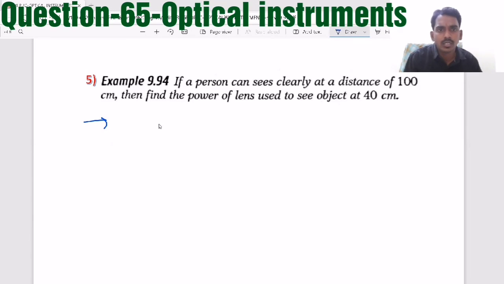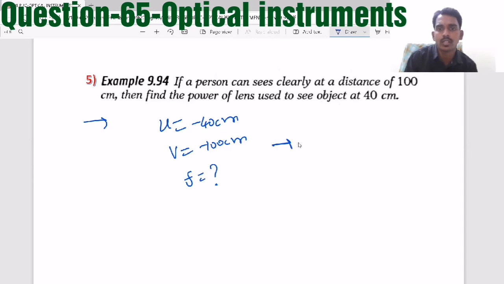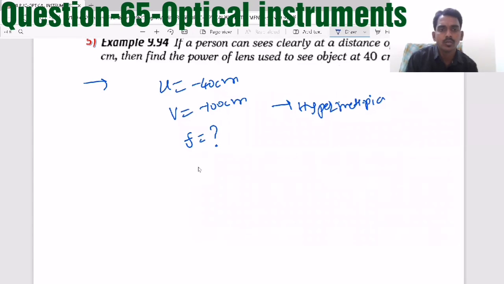So here, when you consider the object is at a distance of 40 centimeter and he can see 100 centimeter clearly, it means the image should be shifted to 100 centimeter. Then you have to find the corresponding focal length. That means what kind of defect is it? Hypermetropia, because he is not able to see the near objects.